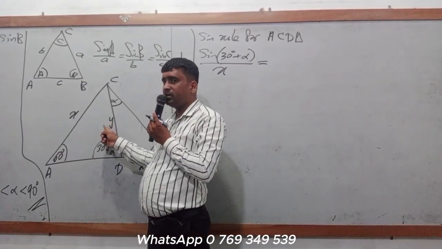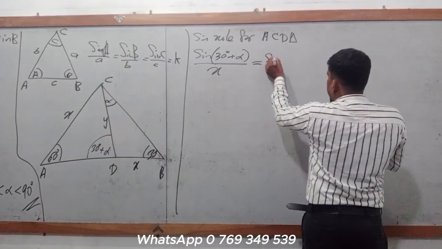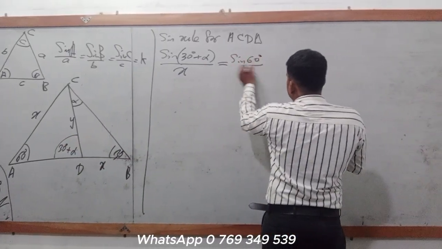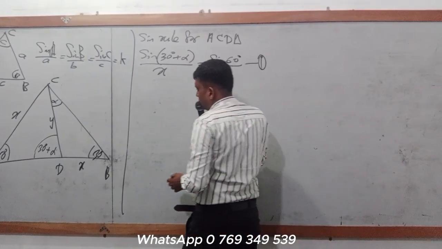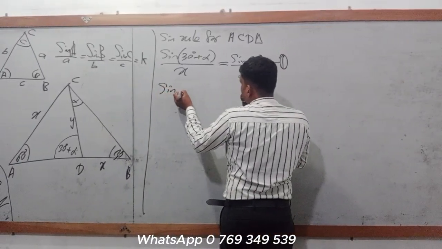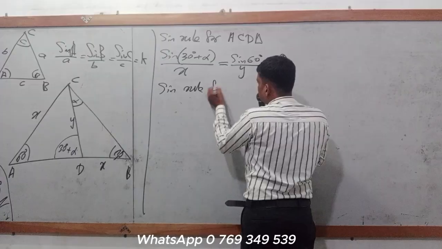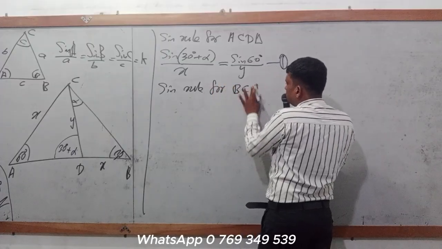This one and this one, right? Sine 60 divided by y, that is equation 1. Again this one, sine rule for BCD triangle.